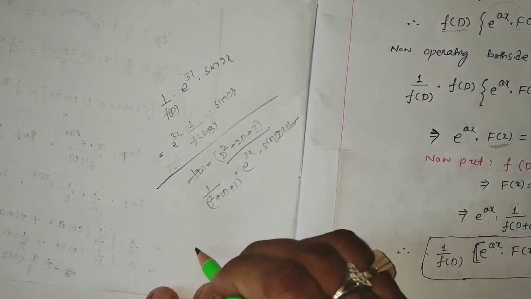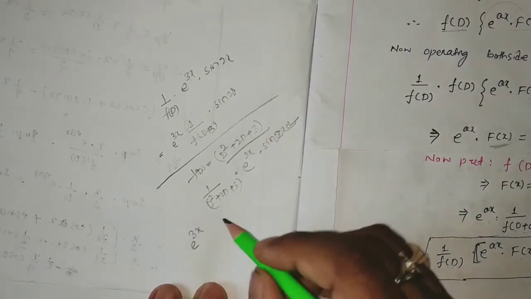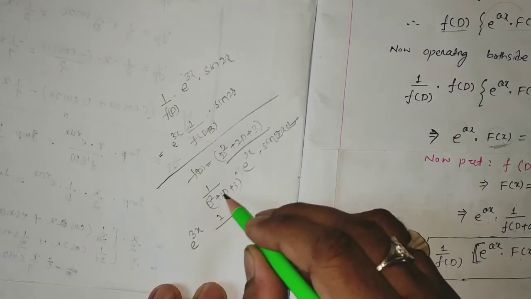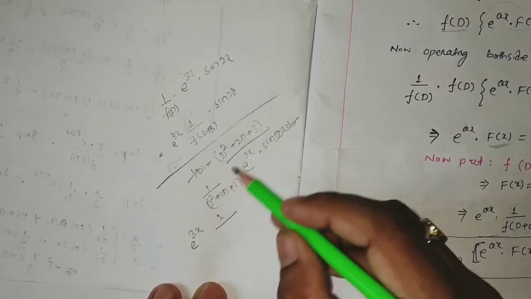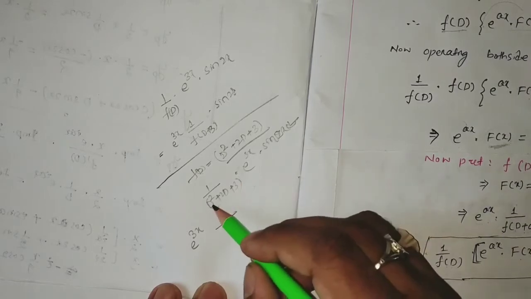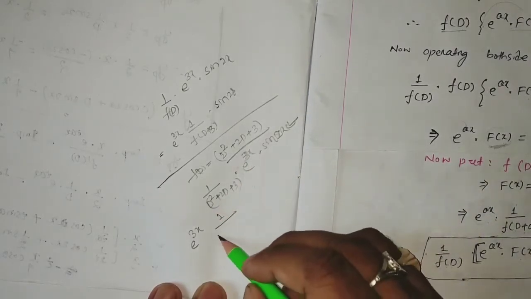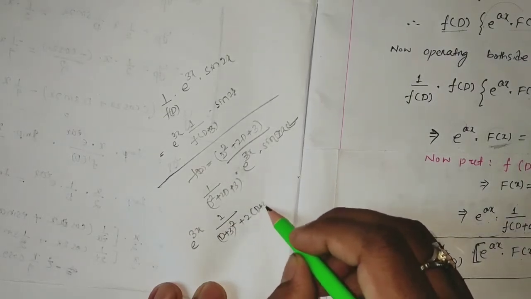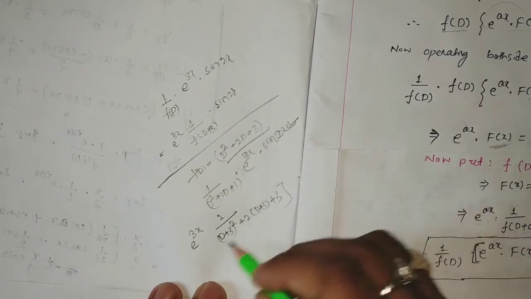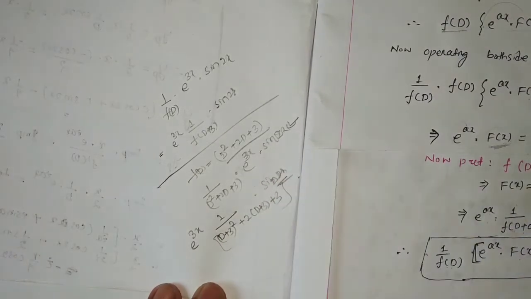What we have to do is shift e to the 3x to the front, and wherever D is there, it will shift to D plus 3, because e to the power 3x is there. So D plus 3 whole square, plus 2 into D plus 3, plus 3. Then sine 2x, like this, right?